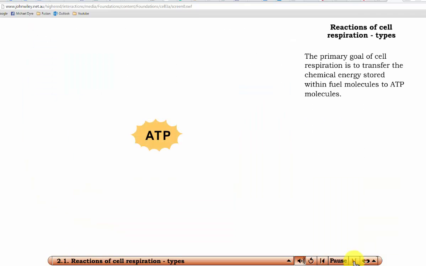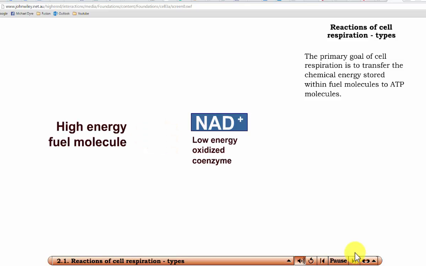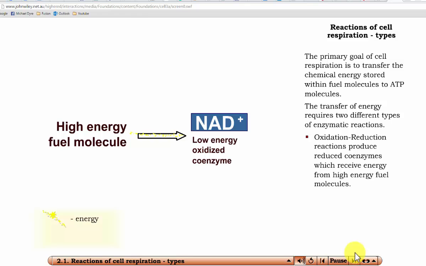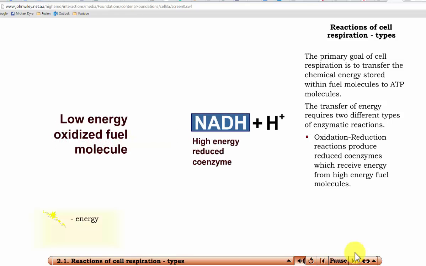The goal of cell respiration is to generate the energy molecule ATP. To accomplish this, two different enzymatic reactions must take place. Energy is transferred from the fuel molecule to intermediate molecules called reduced coenzymes using an oxidation-reduction reaction.